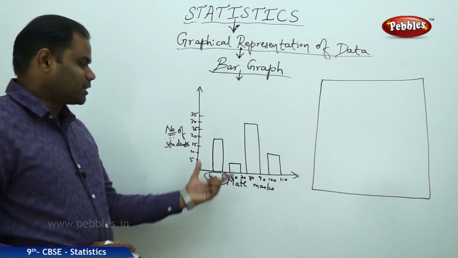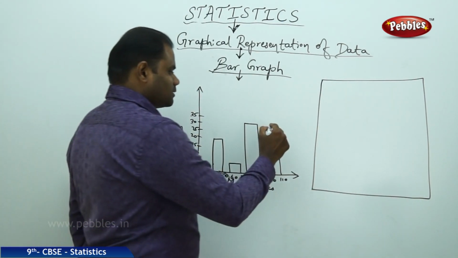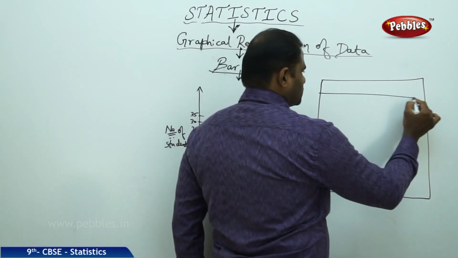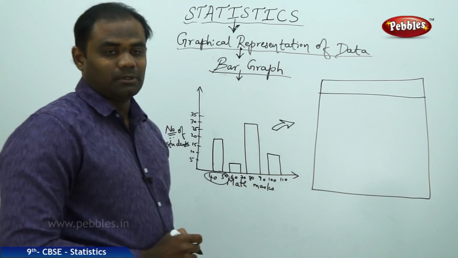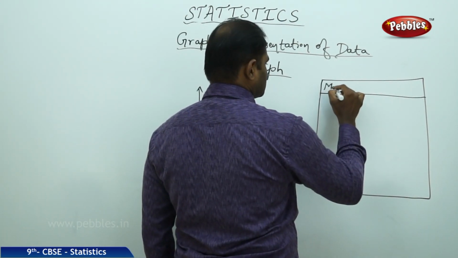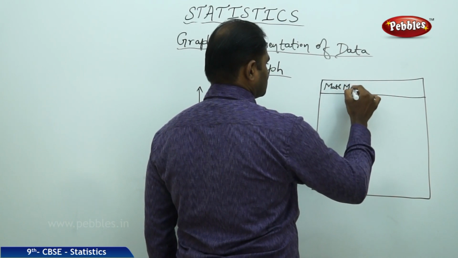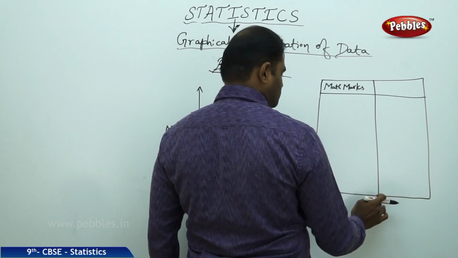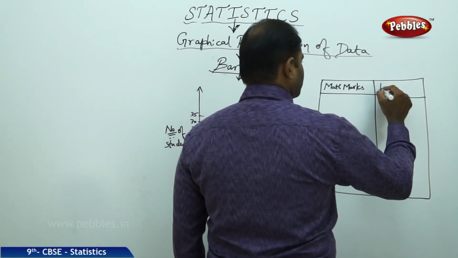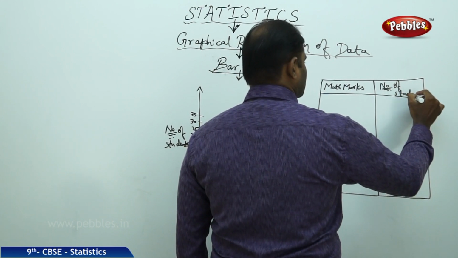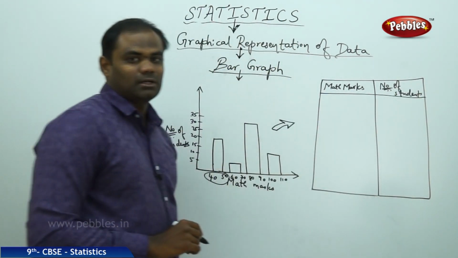So before understanding the bar graph, let's try to convert this bar graph into a frequency table. So in this case, I have math marks and the frequency, which is number of students who got those math marks.